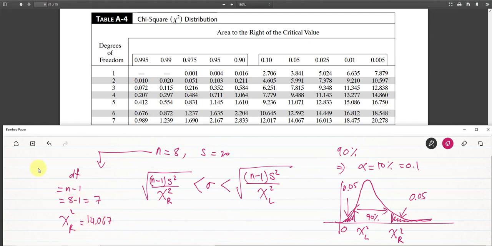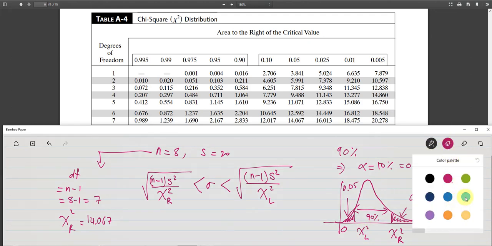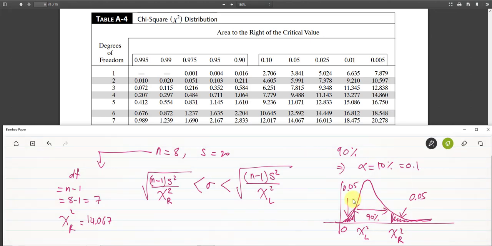And then for the left one, again the table gives you all the area to the right only. So you need to figure out what is the area to the right of the left tail. So the right means the value from here and then all the way to the right. What is the area to the right of this left tail?